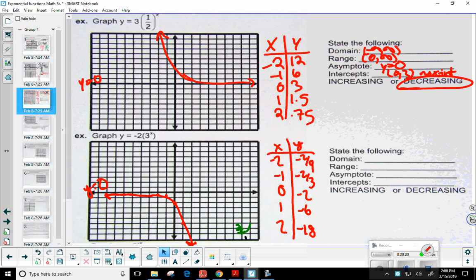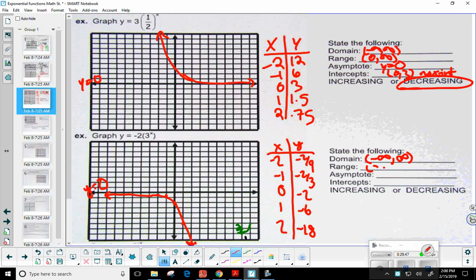Okay, good. All right, so what is our domain? Negative to positive infinity, okay. Remember, the range always has to go from least to greatest. So what's smaller, 0 or negative infinity?